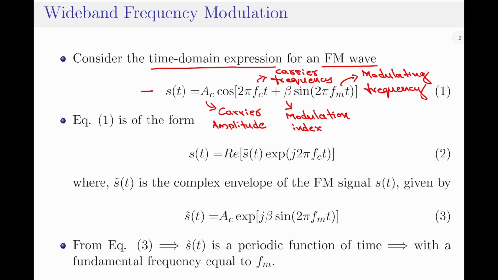Please note, I have derived this expression for the frequency modulated wave in my previous video, which was on single tone frequency modulation. Now, looking at equation 1 carefully, we find that this is of the form S of t equals real part of S tilde of t multiplied by exponential j 2 pi fct, where S tilde is the complex envelope of the frequency modulated signal and is given by S tilde of t equals AC into exponential of j beta sin 2 pi fmt.